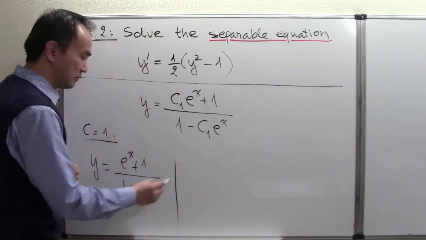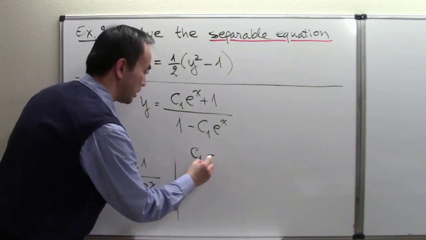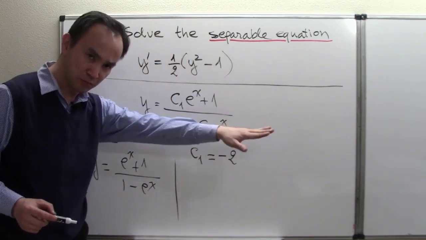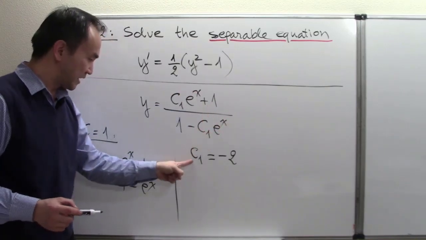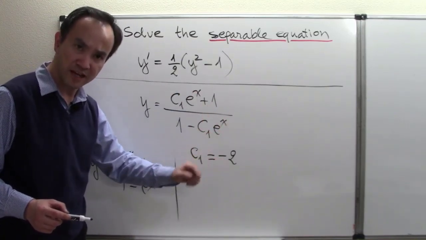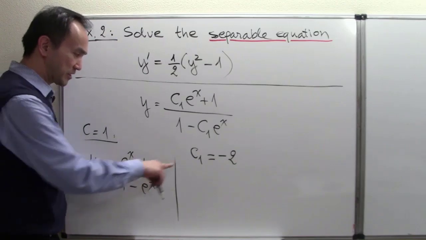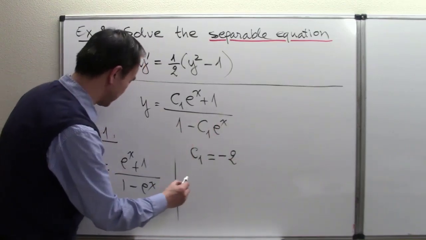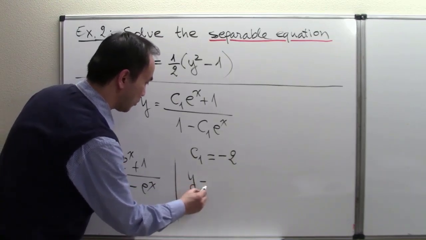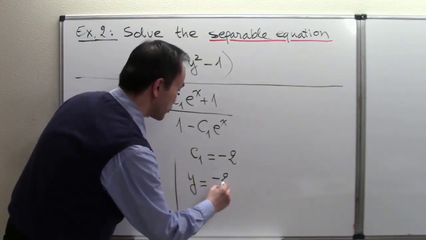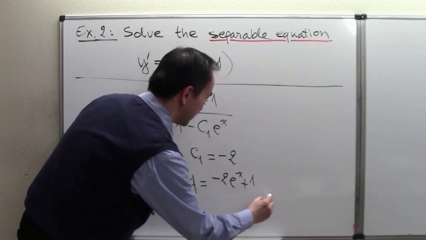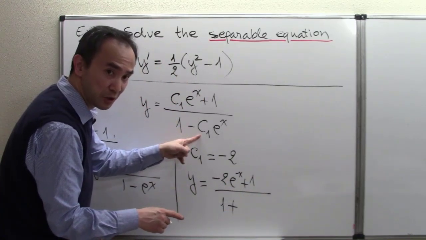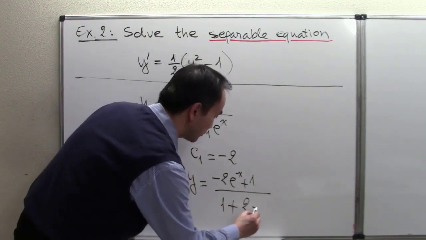But also, if c1 equals a negative 2, for example, because c can be a coefficient that includes a negative sign as well, then the function becomes y equals minus 2 e to the x plus 1 over 1 plus 2 e to the x, because minus a negative 2 makes it plus 2 e to the x.